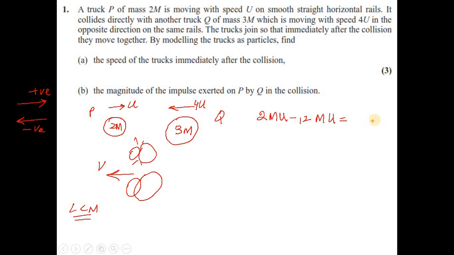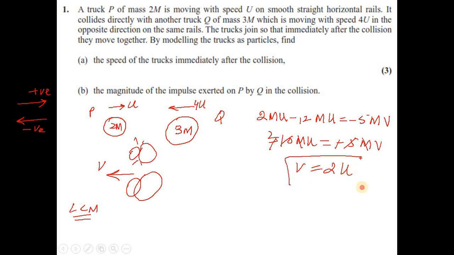So the total mass will be 5m moving with velocity v but in opposite direction, so minus 5mv. So minus 10mu is equal to minus 5mv. So 5 and 10, minus gone, so v is equal to 2u. So both will be moving with the speed of 2u.